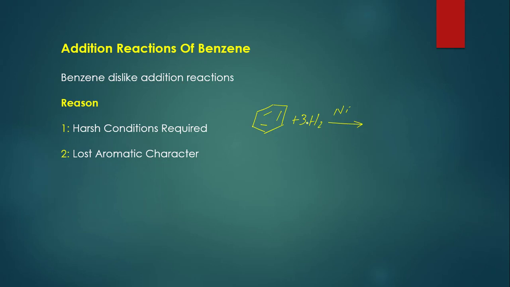This is a hydrogenation reaction, and we get the product cyclohexane. It is difficult for benzene to proceed with this reaction.